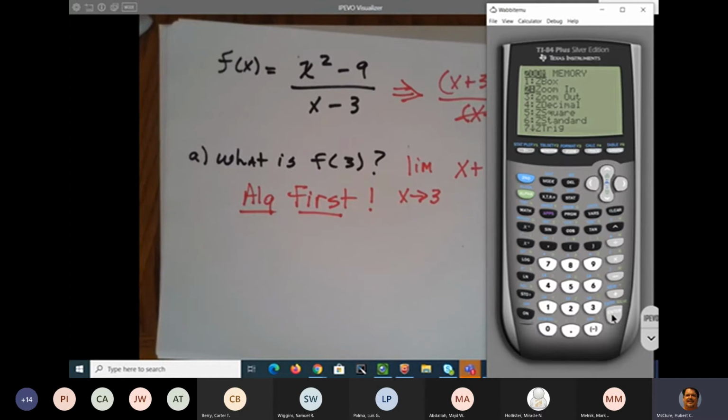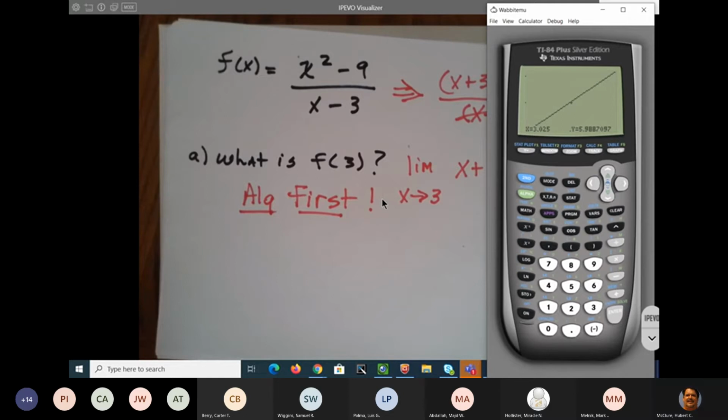Does everybody see that little dot right there where there's no line? Well, that's x equal to 3. Because x equal to 3 is what? You said it a while ago. Not 0, but what? Undefined. That's right, class.